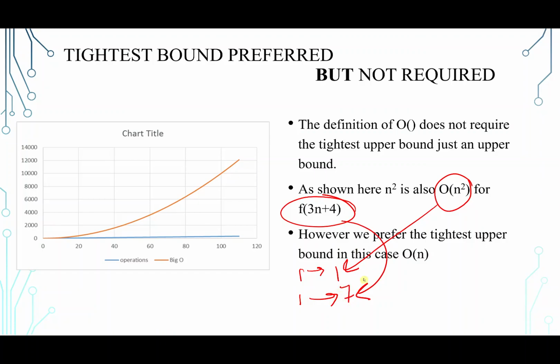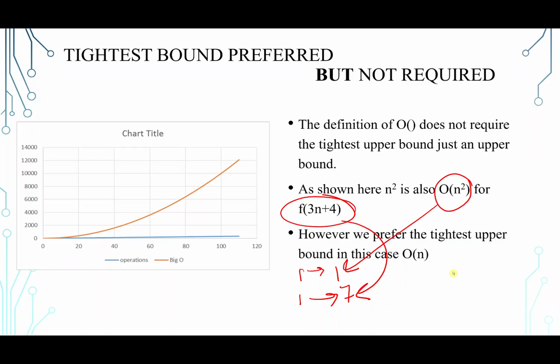You keep going until you find n squared starting to give you a greater output than the 3n plus 4.